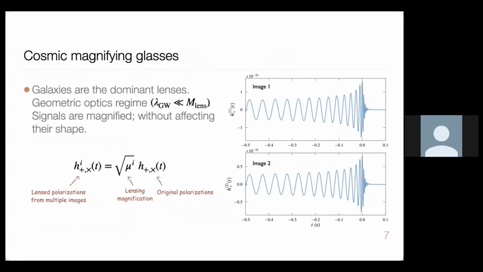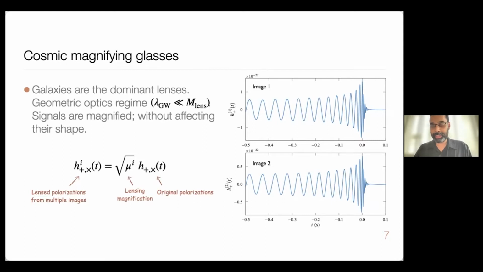Oh, I see. So the time delay has a geometric part due to the different path, but also a Shapiro part because of the gravitational field of the lens. Can you distinguish between these two? We can only measure the combined effect. We also cannot measure the absolute time delay.